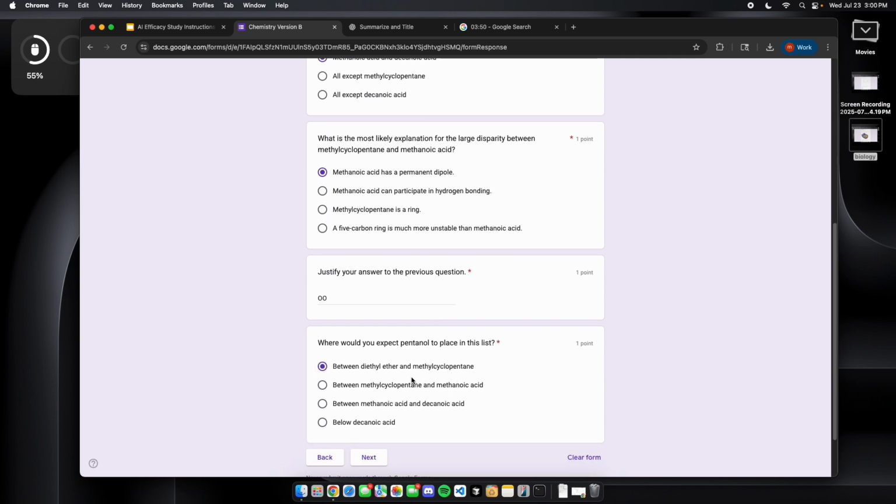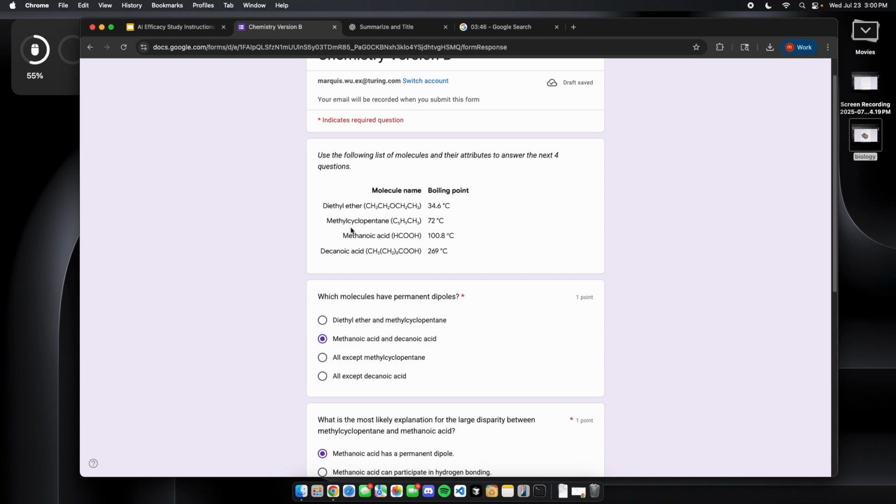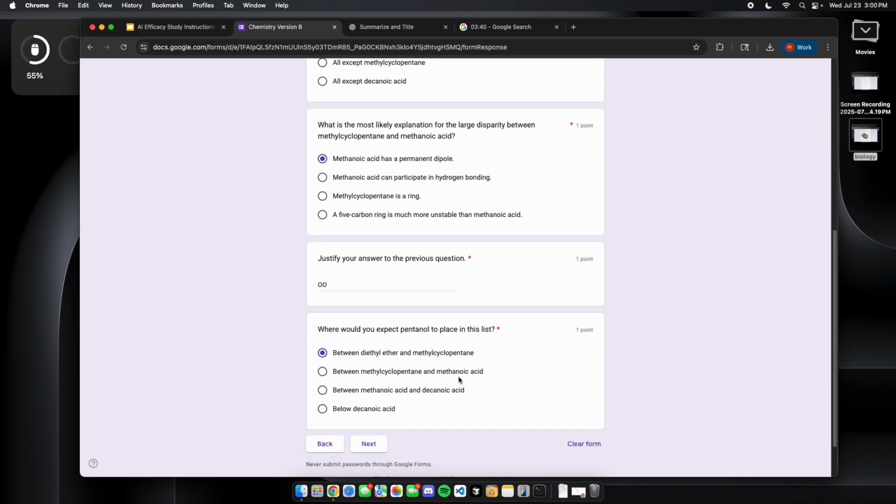Let's move pentanol down a little bit. Well, no, there's no way methanoic acid should be above pentanol. I think, yeah, between these two, because methanoic is the one carbon or something, right?